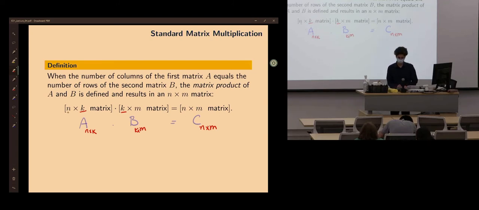And then we are left with the number of rows of the first matrix and the number of columns of the second matrix, and that will be the size of the result of multiplication, n by m. So this is the definition of the product of A and B.